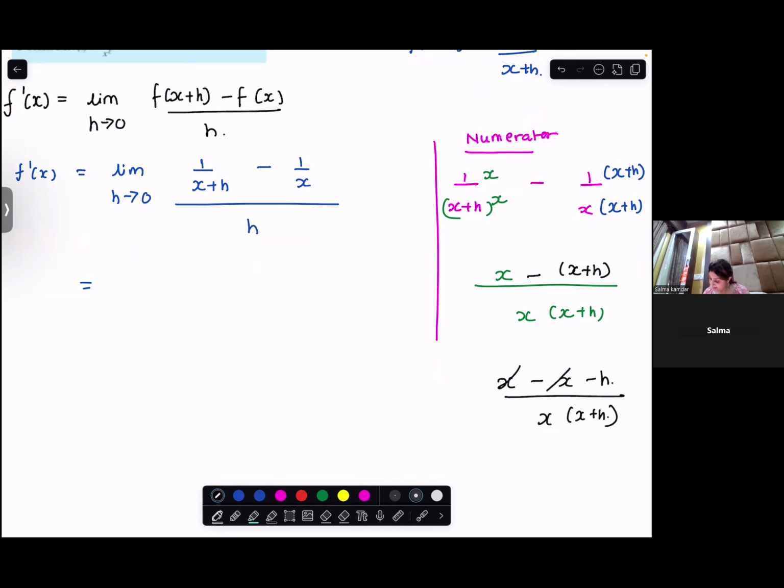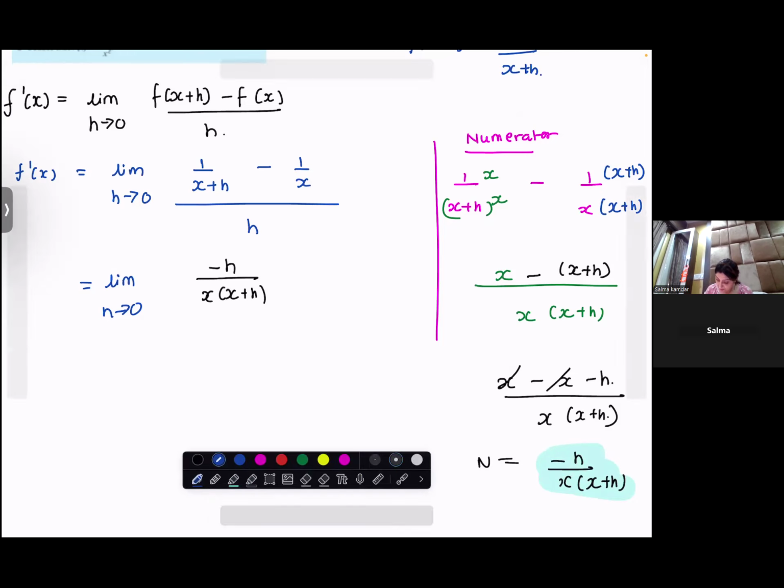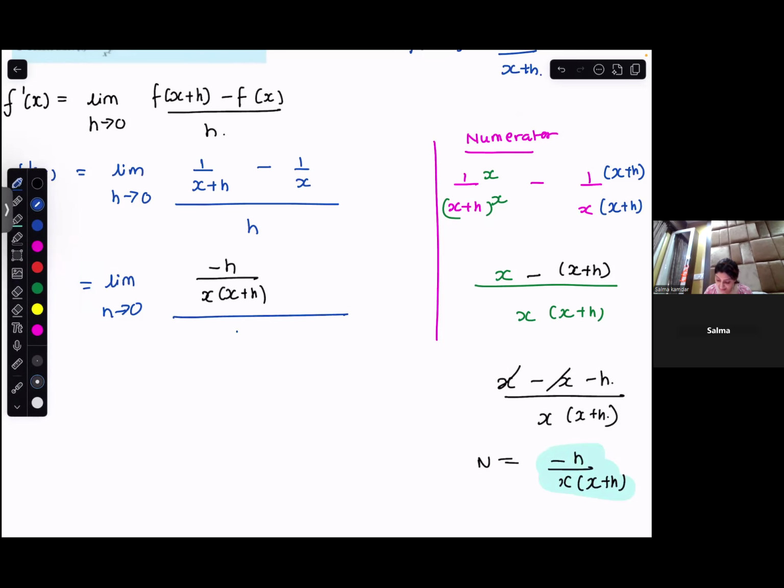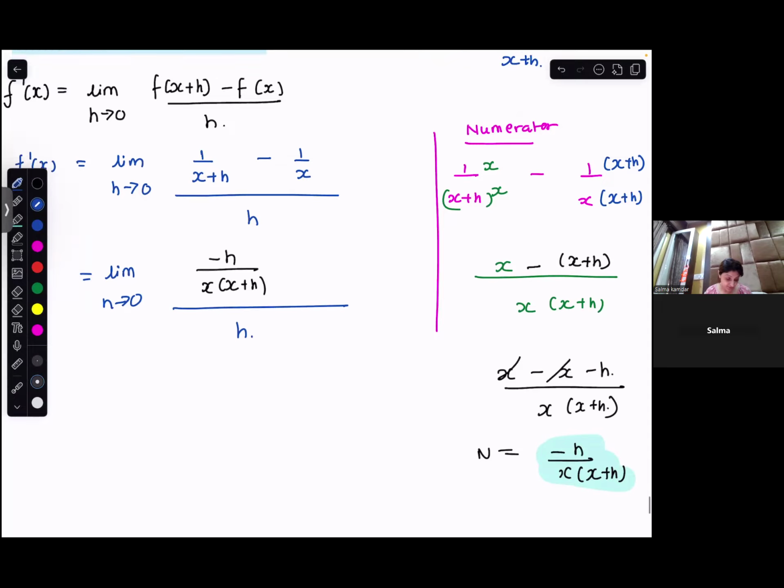So my numerator is only minus h over x into x plus h. I substitute on the numerator this part. My numerator is minus h over x into x plus h, the whole thing divided by h.